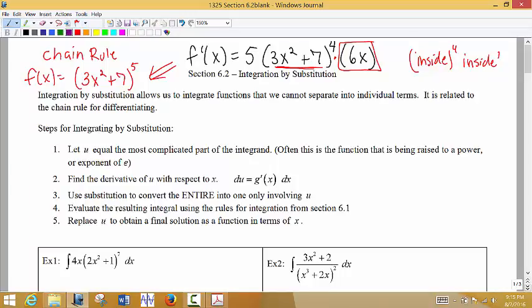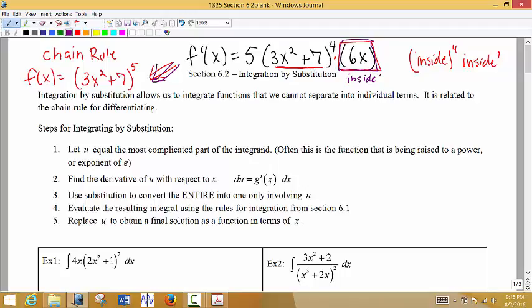So what we start to do to repackage is we look at what's outside of that parentheses raised to the higher power. And we have the 6x, and we want to say, well, if this is the derivative of the inside function, then how can I repackage it so that I get back to the original function, right? So you'd have to do some sort of what we call substitution in order to make this integration a whole lot simpler.